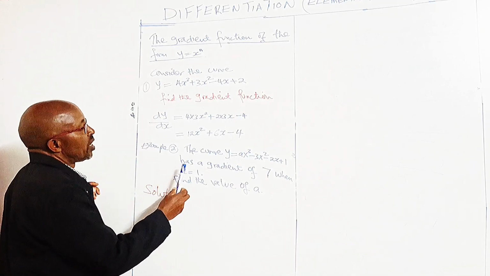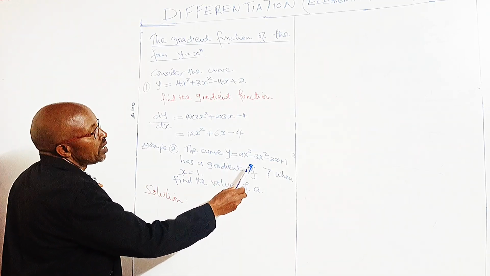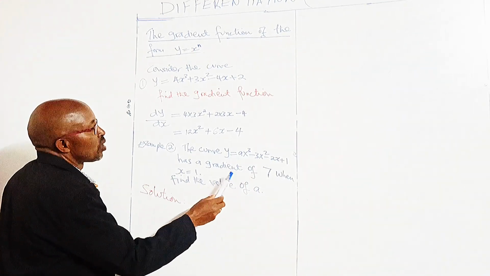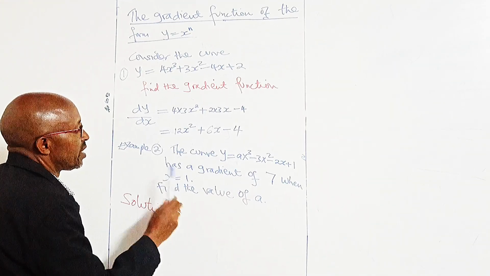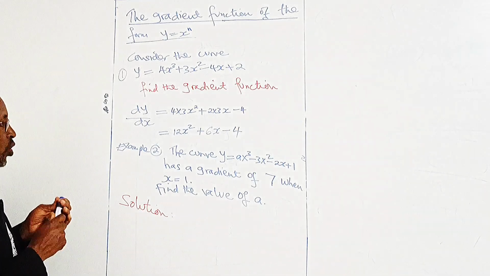Example 2. You are given the curve y is equal to ax cubed minus 3x squared minus 2x plus 1. It has a gradient of 7 when x is equal to 1. Find the value of a. Solution.